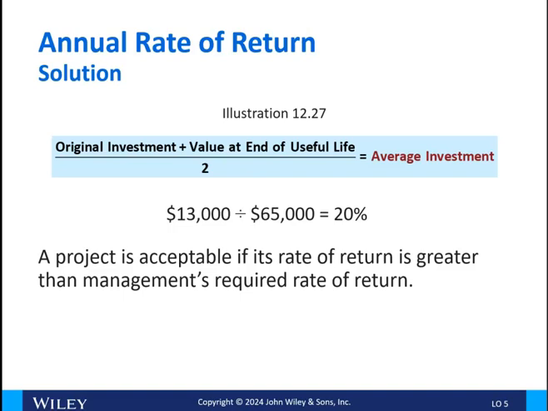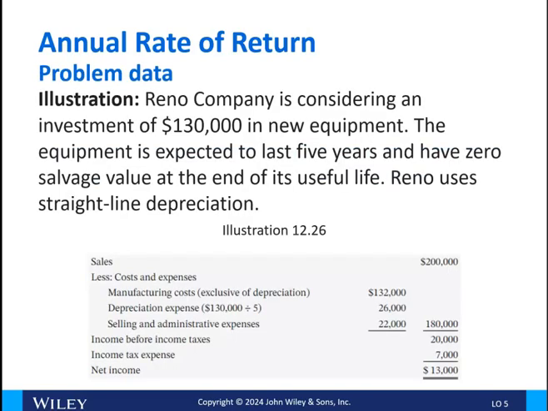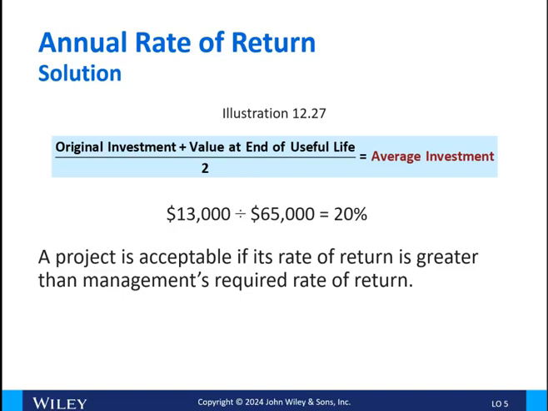So to get average investment, we take our original investment plus the value at the end of useful life, divided by 2. So if we go back here, $130,000 is the new equipment, 0 salvage value. So 130 plus 0 is 130, divided by 2. Our average investment is 65,000.